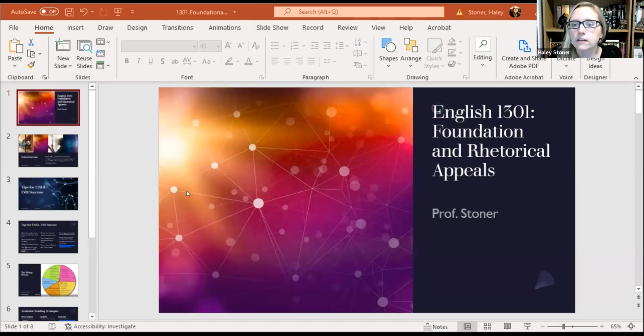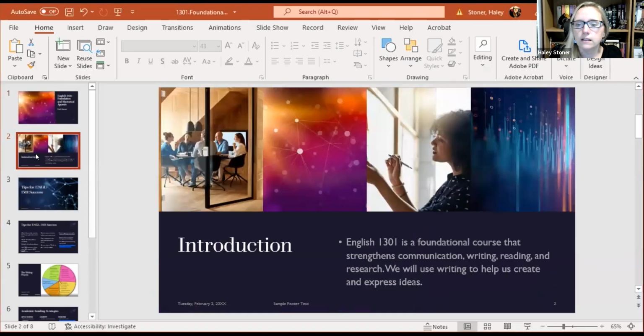So English 1301 is a foundational class for most majors and things that we want to study, because the skills that we work on in English 1301 really do serve as a foundation that you can apply to different disciplines, because it's all about how to communicate, how to make sure that we are communicating in a way that fits the situation that we are in, using writing to consider and think about ideas and then express those ideas.